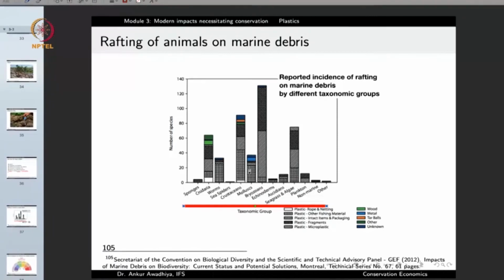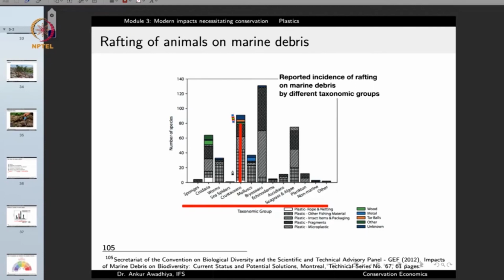And if we have a look at the natural materials, which are there in these colored forms, and the artificial plastics that are being used by these different organisms, so say in the case of crustaceans, this much amount of movement is happening because of the plastics, and this much amount of movement is probably a natural movement.